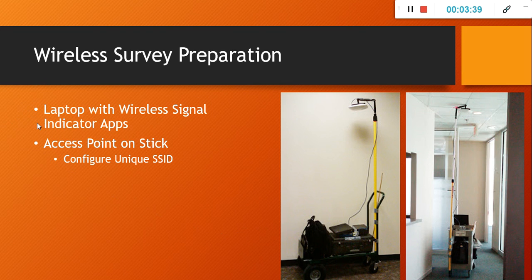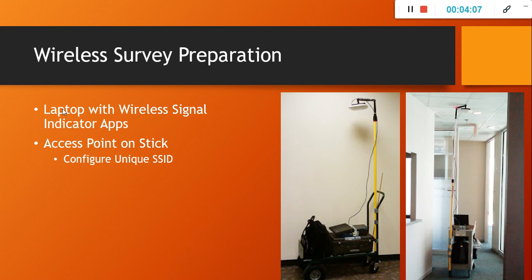We need a laptop, or sometimes I also use a mobile phone. Make sure that the laptop or the mobile phone has a wireless signal indicator application. Later on, I will show the application.